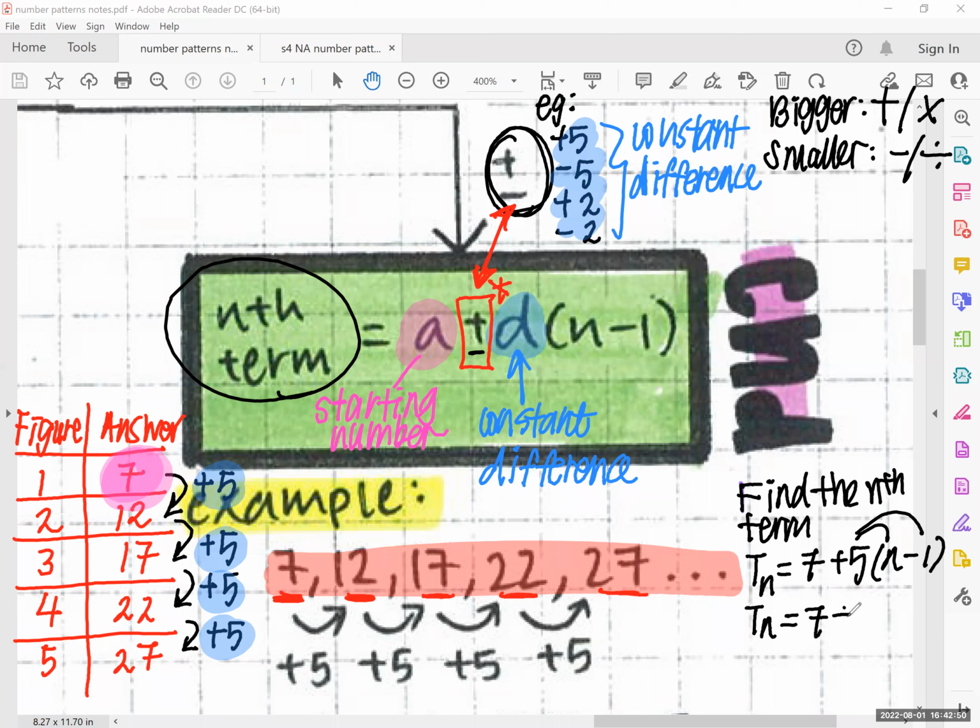So it'll be 7 plus 5n minus 5. So Tn, the formula for this, will be 7 minus 5 is 2, so 2 plus 5n, and that is the answer. Copy everything down now. Remember to color code. Whatever you see on the screen, I give you some time to copy while I pause the recording.